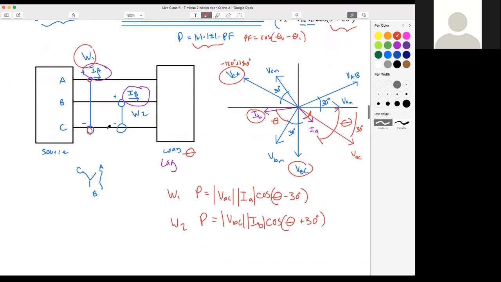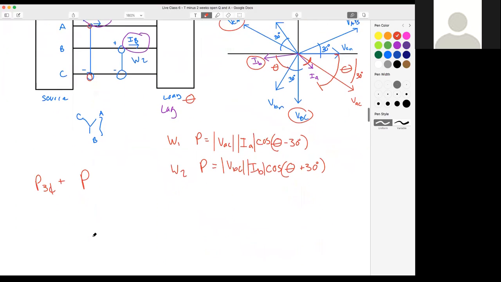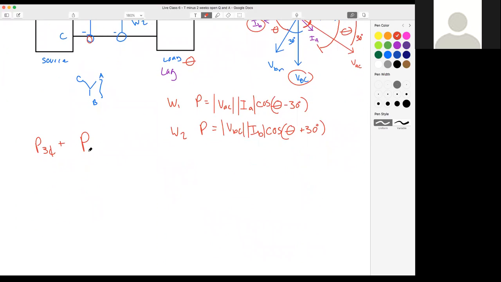Now, to get the total power of the system, the 3-phase power, all we would do is add our power from watt meter 1 to our power from watt meter 2.